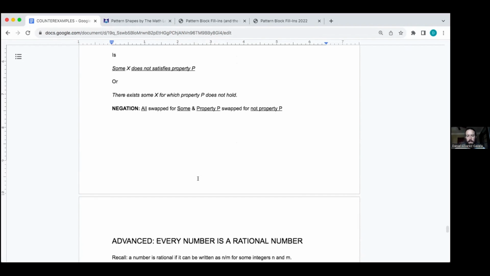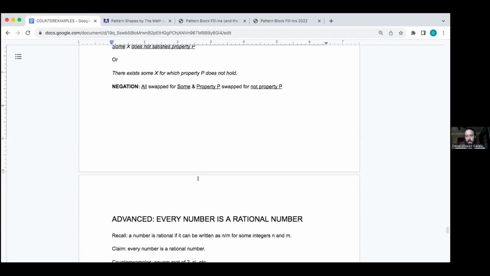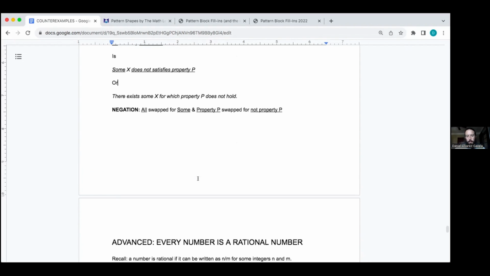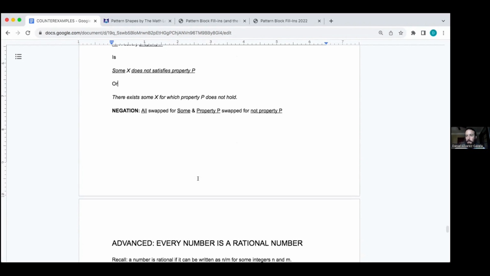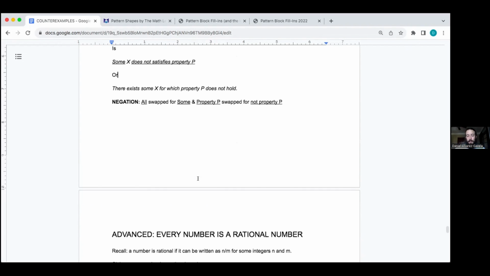I don't really have time to dwell on this, but before there was a claim that I was proposing that every number is a rational number, and some counterexamples were suggested, like square root of 10. But then I asked, how do you know that square root of 10 is not a rational number?